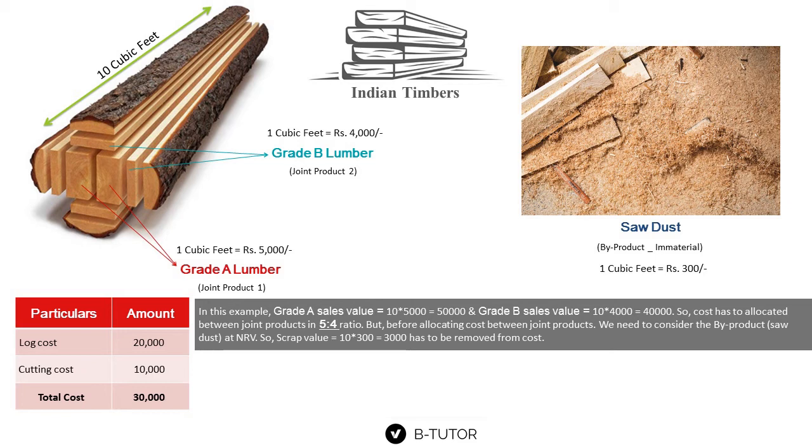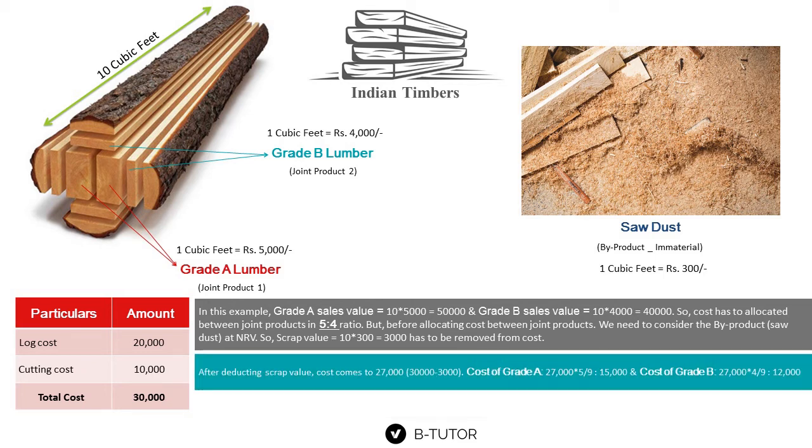But before allocation of joint cost, we need to consider byproduct at NRV which amounts to 3,000 which has to be removed from cost. After deducting scrap value, cost comes to 27,000. Now allocate this cost to grade A and grade B in 5:4 ratio. So the cost of grade A will be 15,000 and cost of grade B will be 12,000.